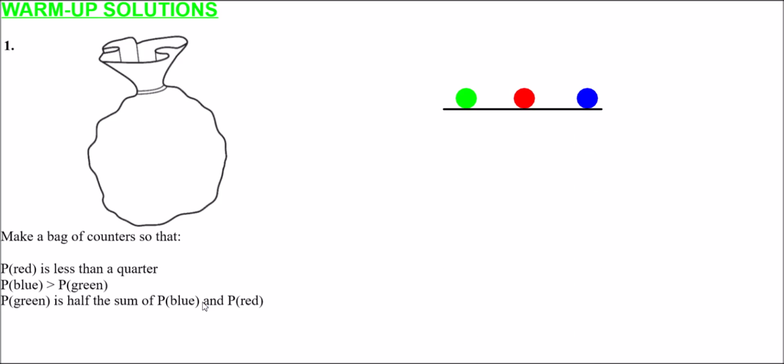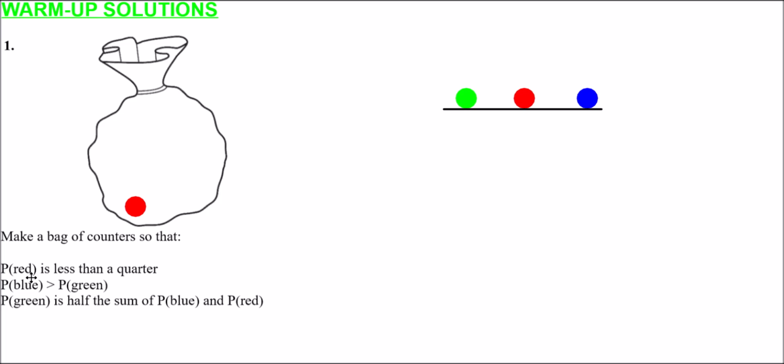So this is a way I thought of doing it. We want blue to be greater than green, and we want the probability of red to be very small. So I'm just going to put one red in and see if we can do it from there. Just one red. And it also says that the probability of green is half the sum of blue and red.